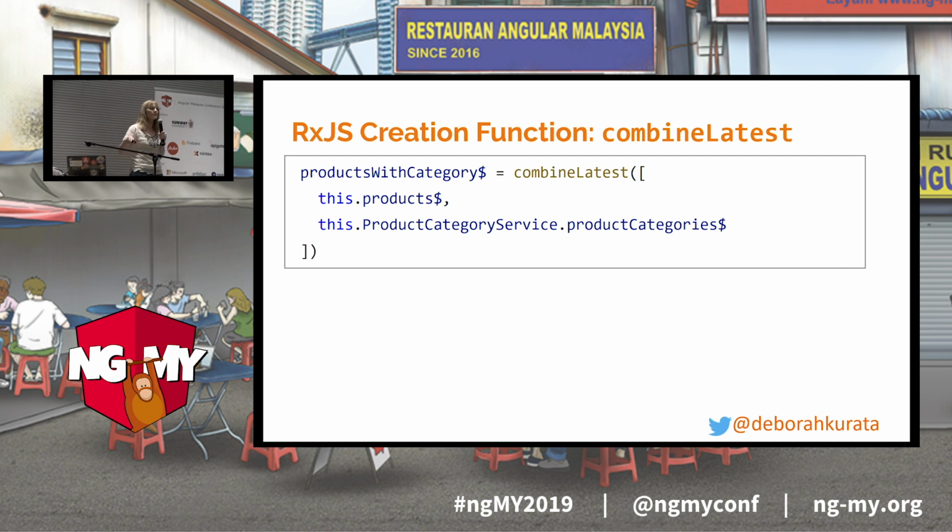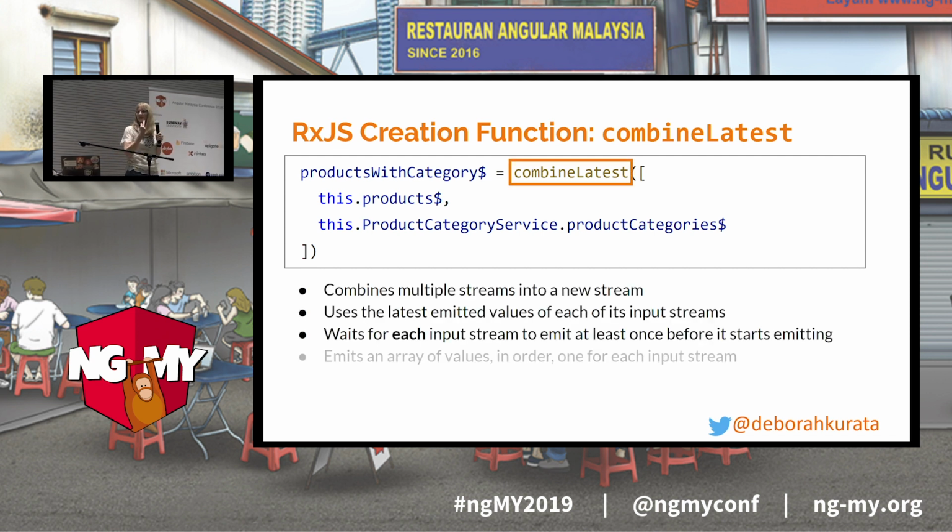It uses the latest value, hence the name combineLatest. It uses the latest value for each stream. And combineLatest itself won't emit until all of the combined streams emit at least once. And as we all know, when we do an HTTP GET, it emits once. It's one and done. So this is going to wait for the products$ stream to emit and complete, and it's going to wait for the product category stream to emit and complete.